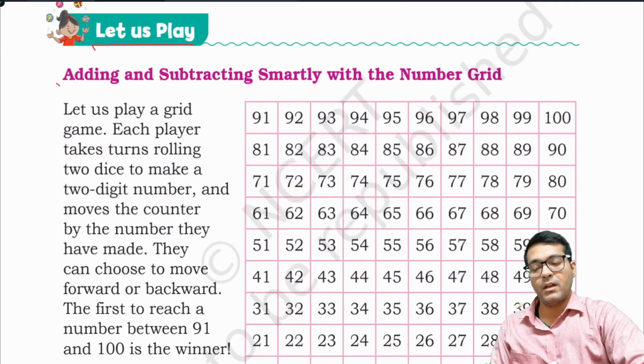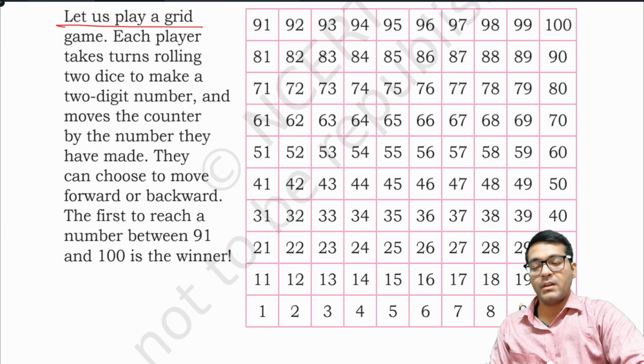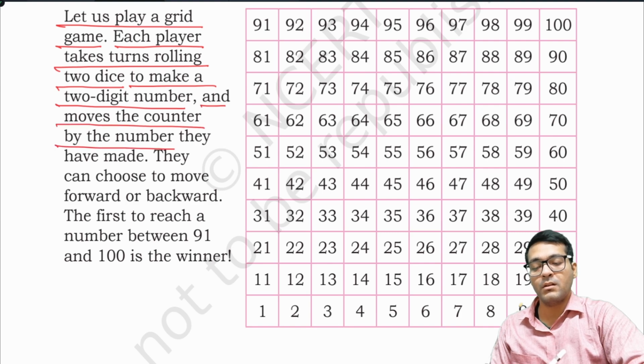Let us play, adding and subtracting smartly with the number grid. Let us play a grid game. Each player takes turns rolling 2 dice to make a 2-digit number and moves the counter by the number they have made. They can choose to move forward and backward.